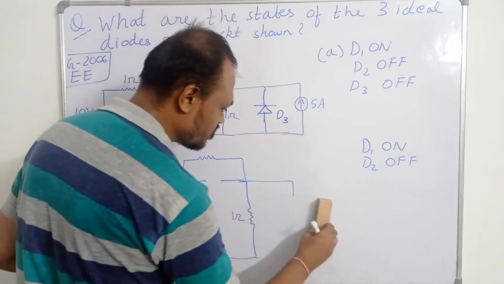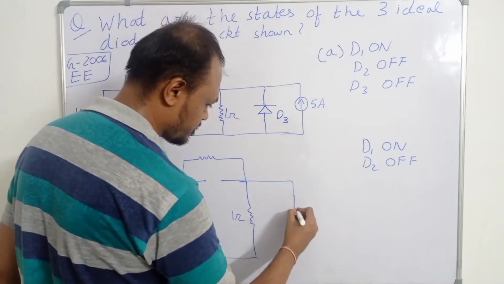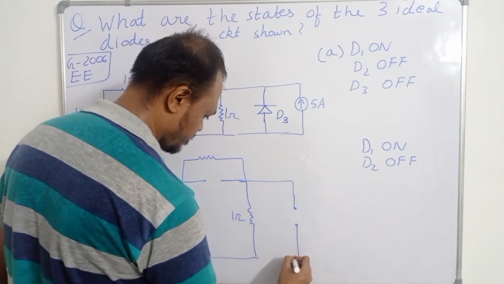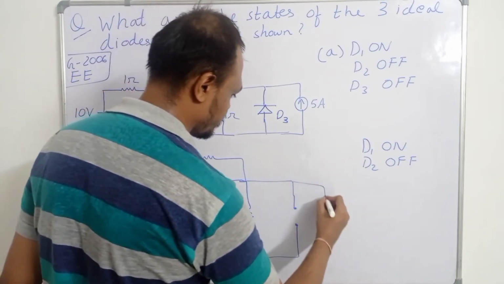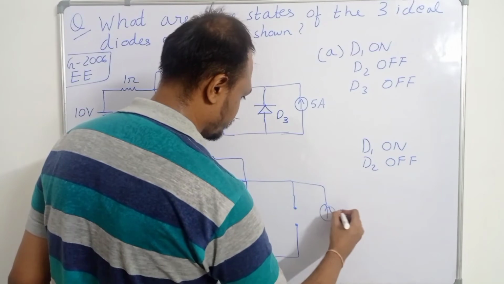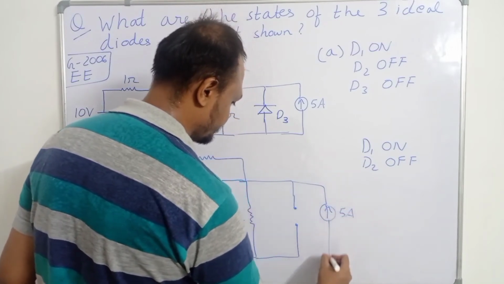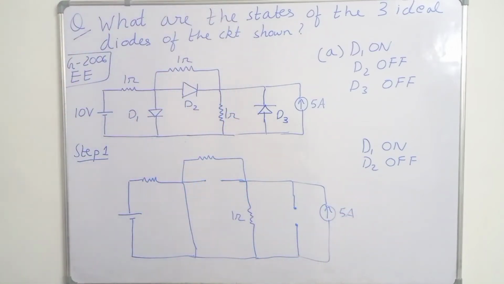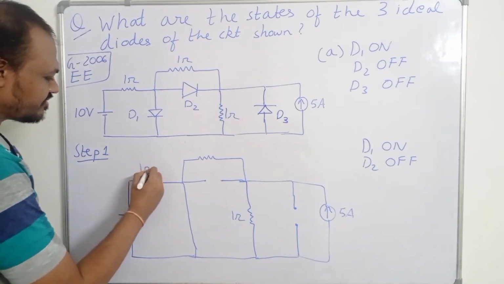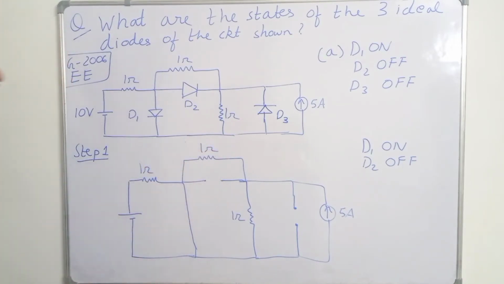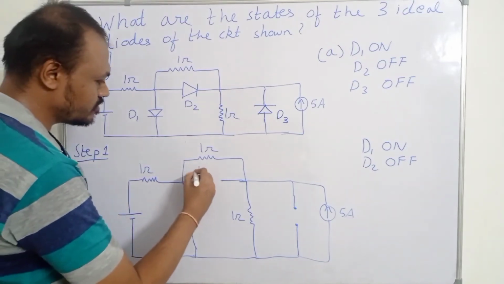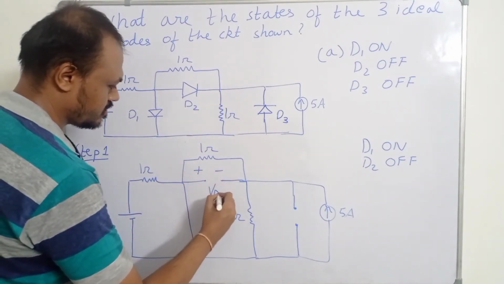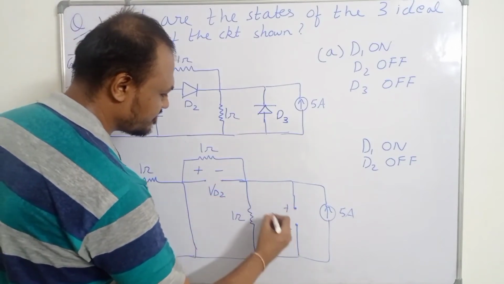D3 we have considered to be off. This is 5 ampere current. Okay, so this is our circuit now. This is a 1 ohm resistor, this is a 1 ohm resistor. Let's suppose this is voltage VD2 and this is voltage VD3.